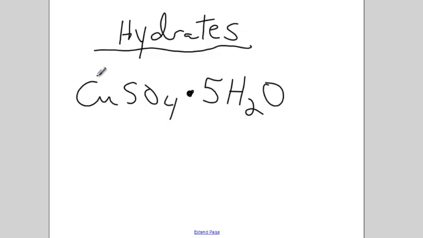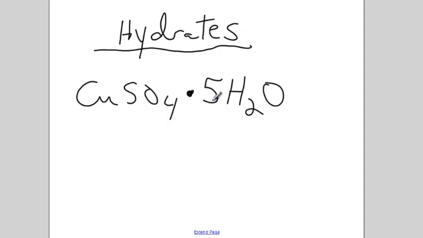You know how in the summer you have like Kool-Aid or any kind of powder, sugar, anything like that, that gets wet and clumpy? It's gathering moisture from the air. That's the whole idea of these things. The water is kind of loosely bonded into this crystal structure, but in a known ratio.